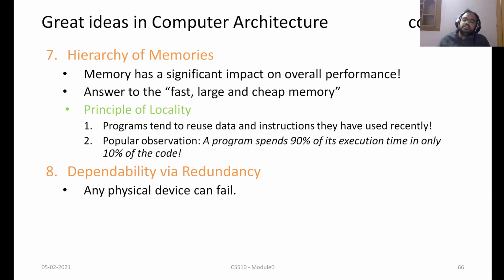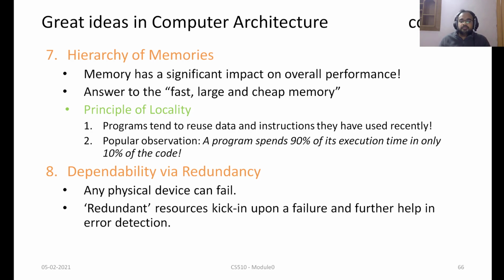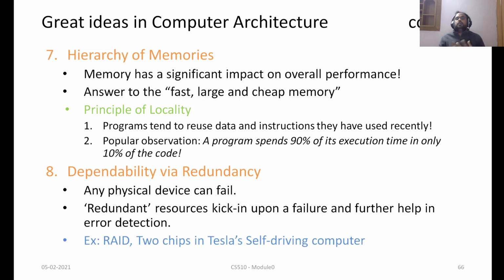In general, any physical device can fail. So in the eventuality that it fails, what to do? The most common solution is redundancy. It means take a copy of that and keep it ready. So the redundant resource will kick in when the primary resource fails. One popular example is RAID memories.